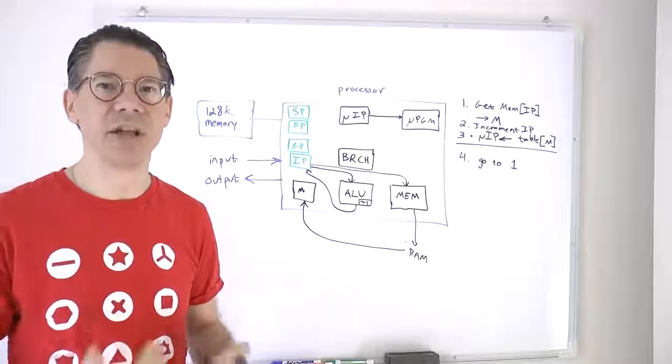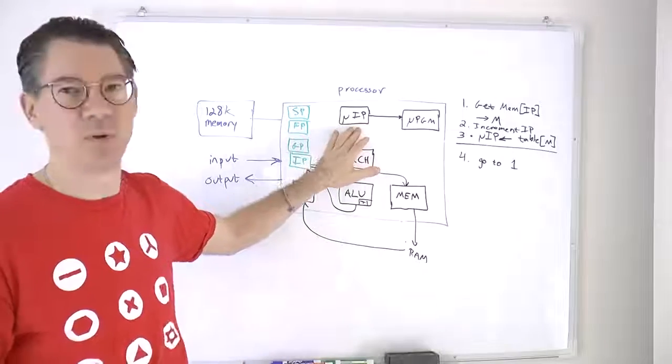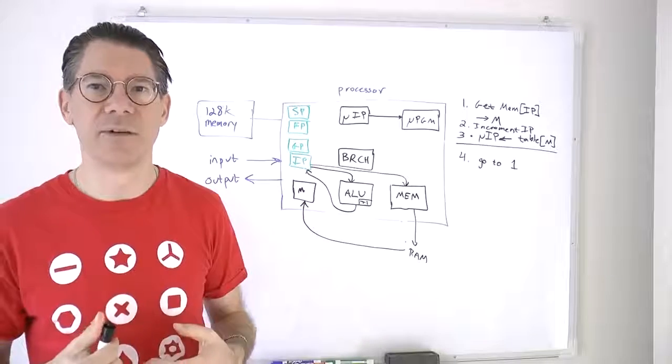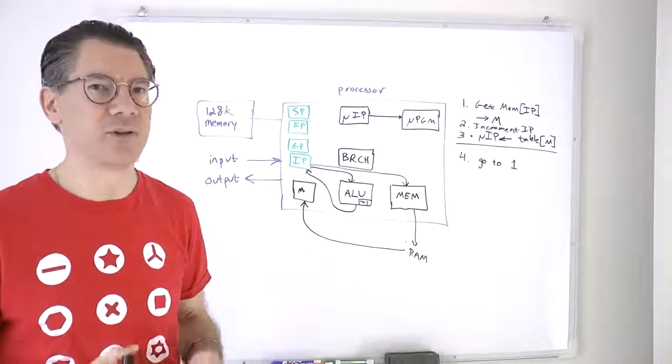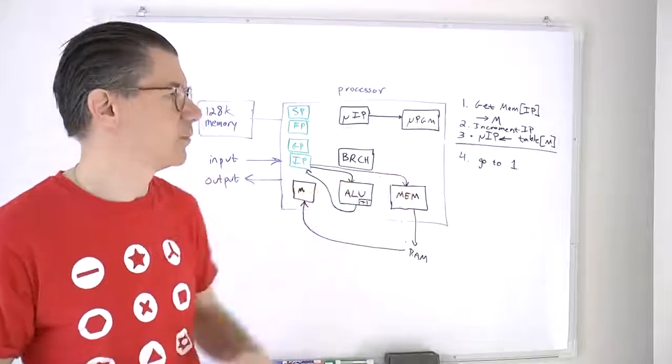So this is yet another parallel operation, and we can have the micro instruction pointer be its own bit of dedicated hardware that knows how to increment itself and how to load itself from some value.